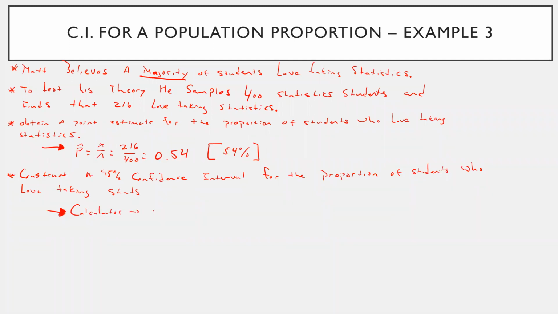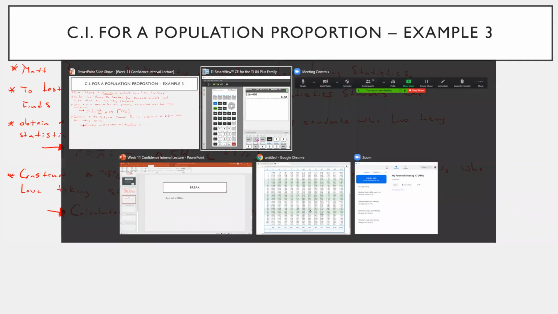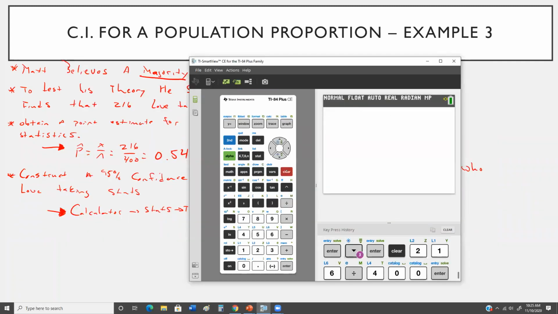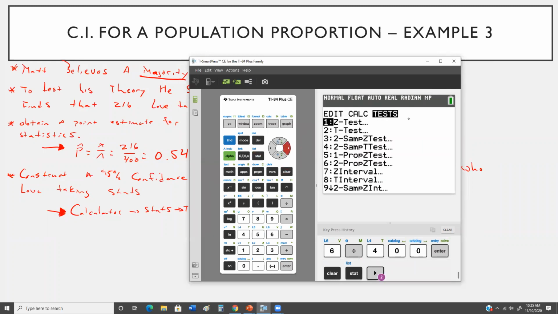Yep. So the options again, where you use stats, you go to tests, and then it's 1-prop z int. So I'm going to stats. I'm going to go over to tests.